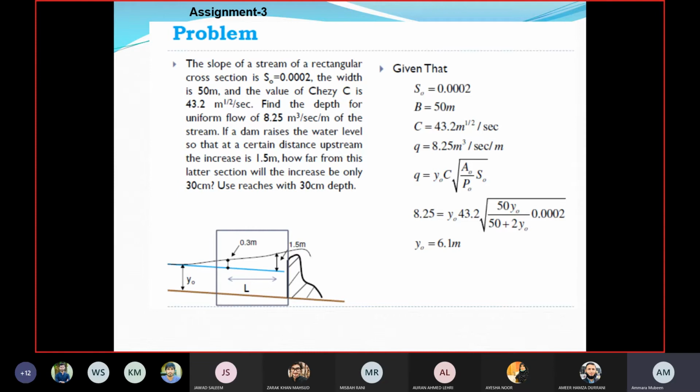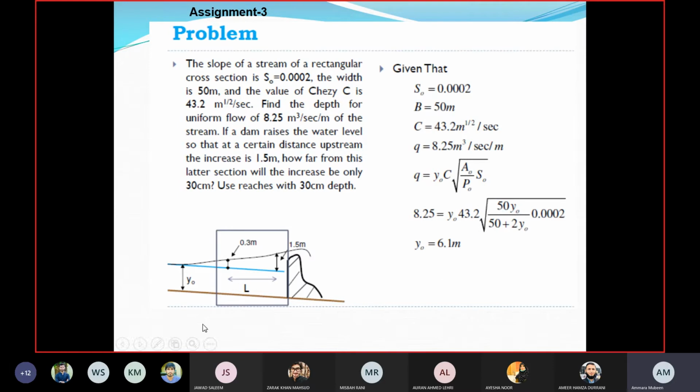If a dam raises the water level so that at a certain distance upstream the increase is 1.5 meter, how far from this section will the increase be only 30 centimeter? Use reaches with 30 centimeter depth.